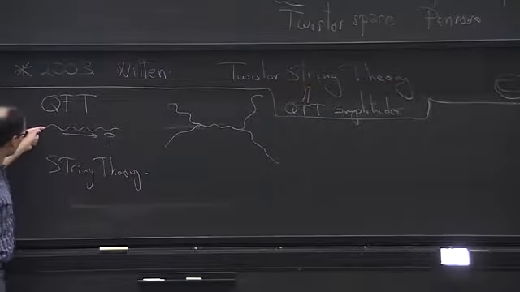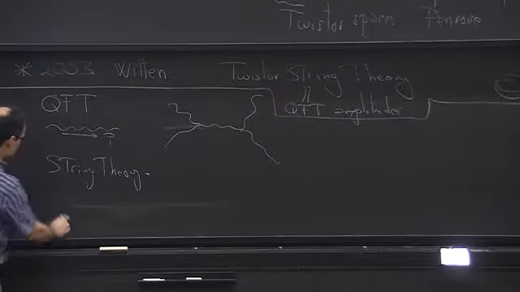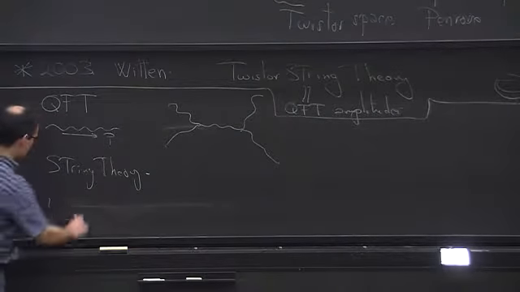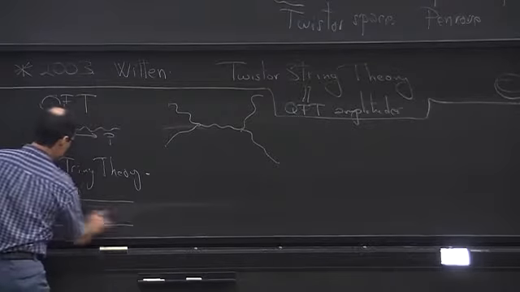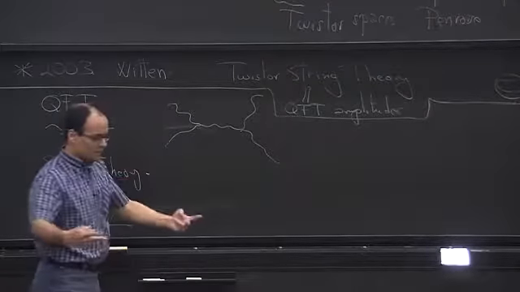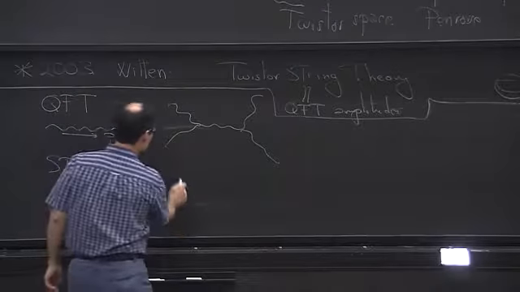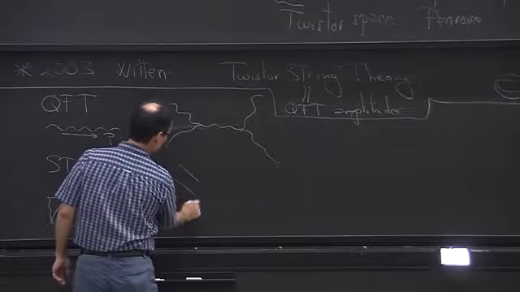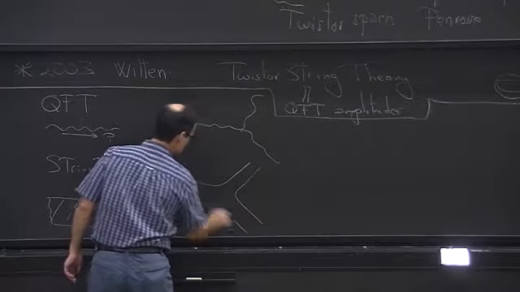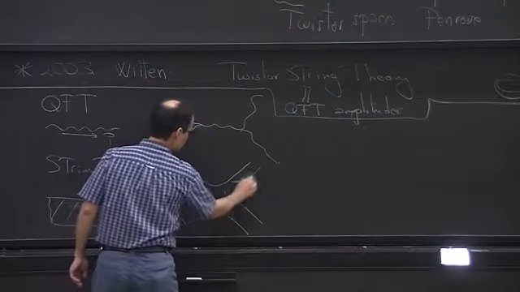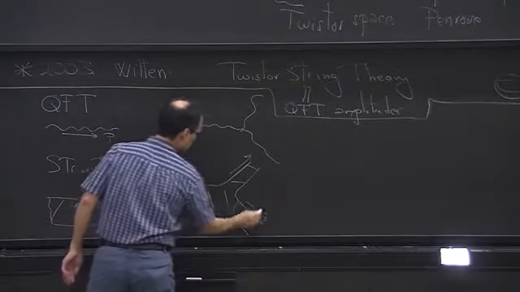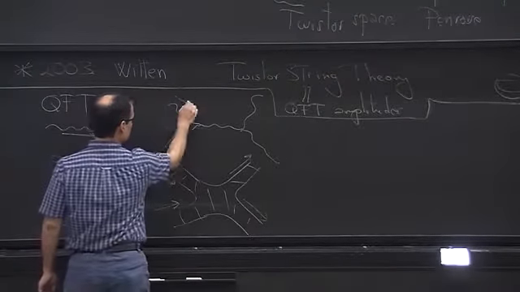Well, you don't have a point particle that travels. What you have is a string that travels. So it generates this picture, and many strings can combine and produce other strings. So this one can come and join another one and produce other ones. So you have some strings that are coming in, some strings that are going out, like we had some particles here.